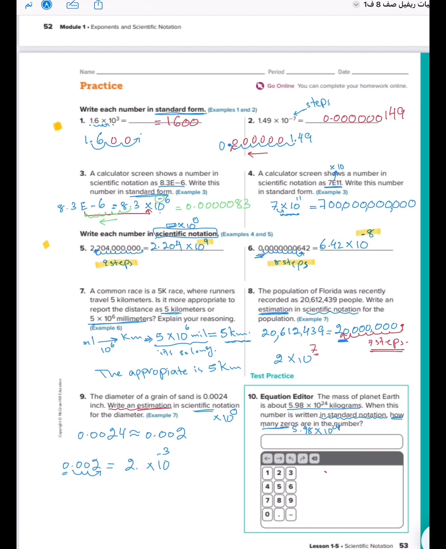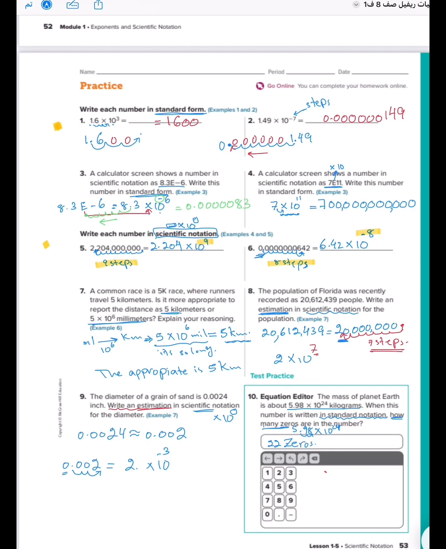Because it's 24, we must move the point to the right in standard notation. We move it 1, 2, and still have 22, right? Because it's 24 steps. So how many zeros do we still have? We have 22 zeros. How?